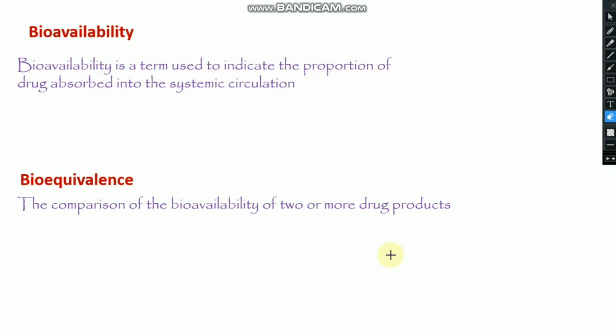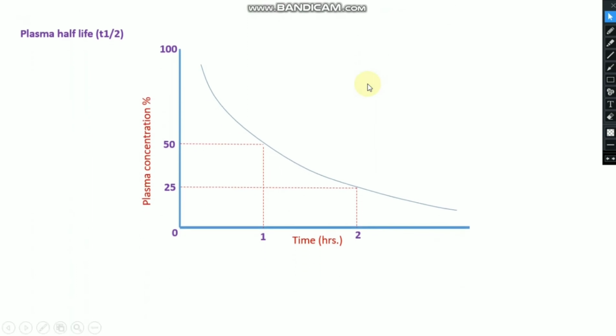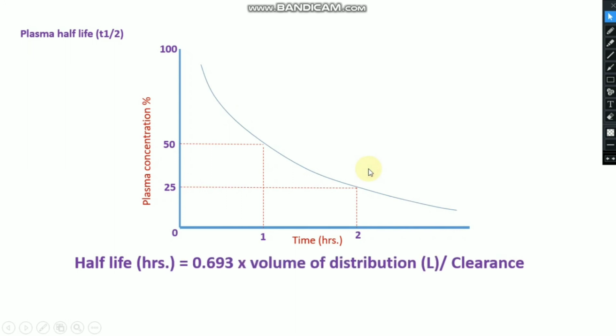All right. So next is the plasma half-life. You can see in this figure, this is very clear. The plasma half-life refers to the time required for the plasma concentration of a drug to decrease by 50%.